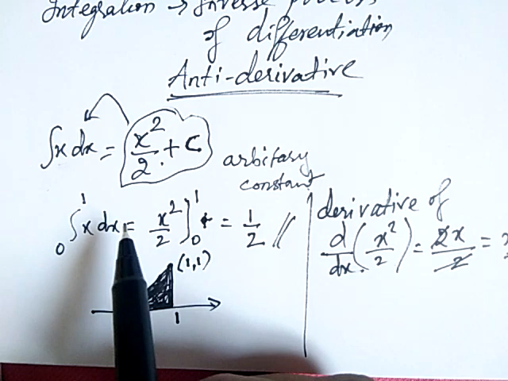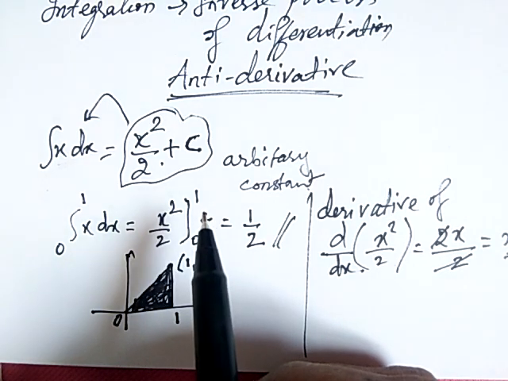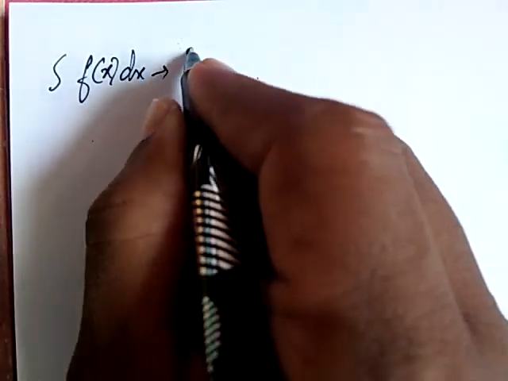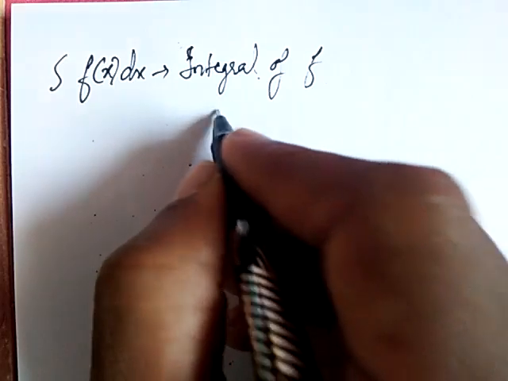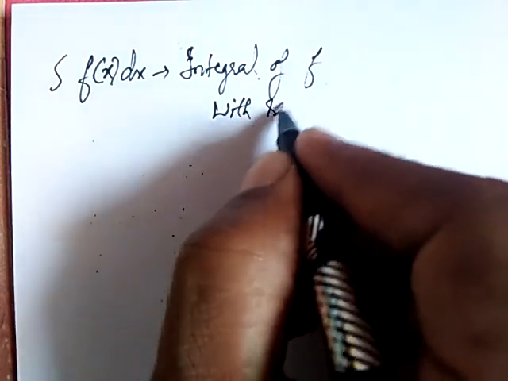Okay, a few words I want to tell you to remember. If I write the integration of f of x dx, this is said to be the integral of f with respect to x.